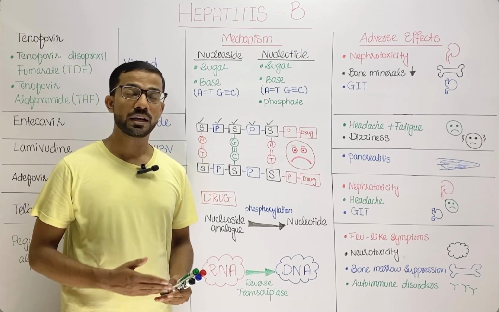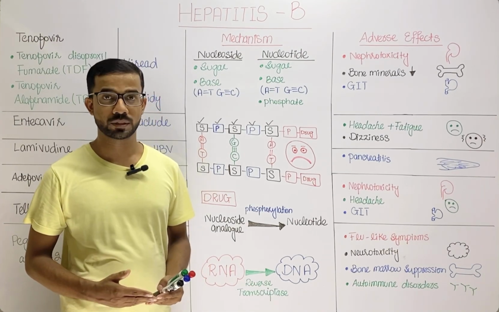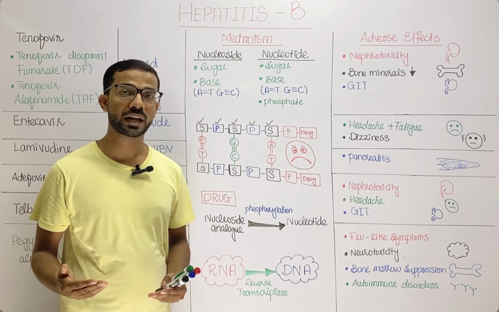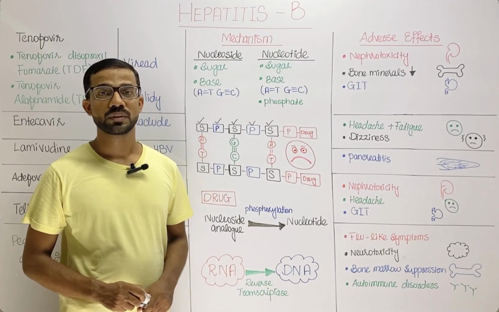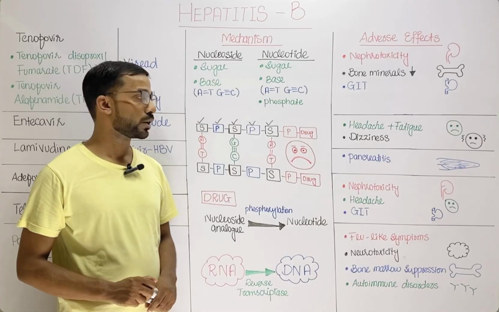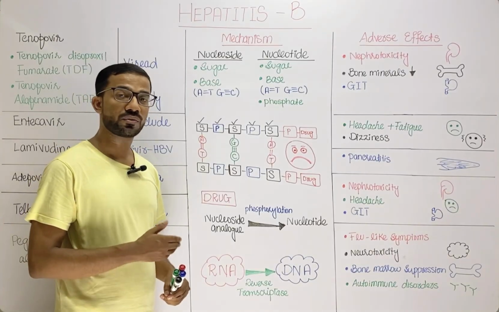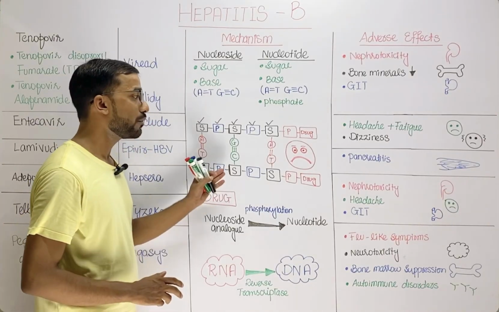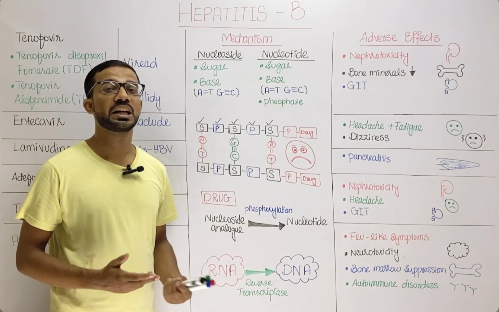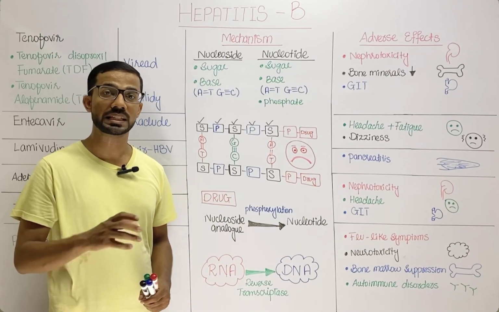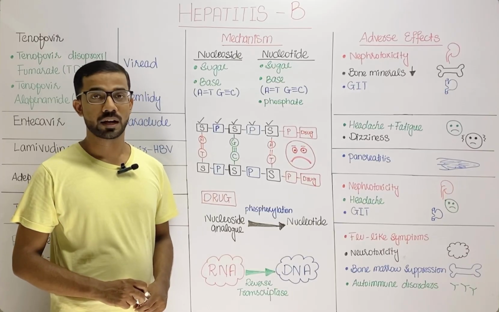You have to remember reverse transcriptase has two options: it can bind to the natural nucleotide, and it can bind to the drugs that are also similar to the natural nucleotide. But the drugs will stop the elongation of the DNA. When there is stoppage in the replication of the DNA, then ultimately no replication happens in the cells of the liver.